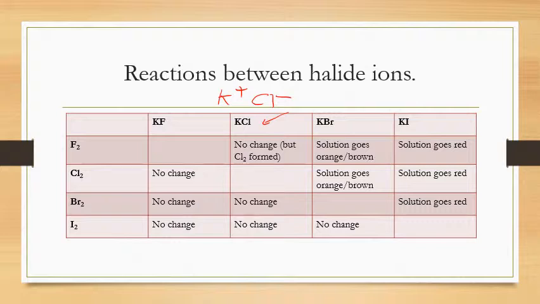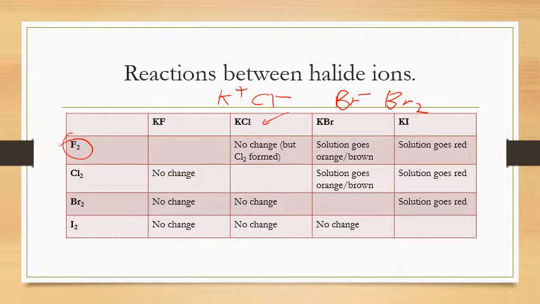But chlorine gas is formed, okay, and if you react it with bromide, okay, Br minus, you're going to see a formation of bromine, and so on for potassium iodide.